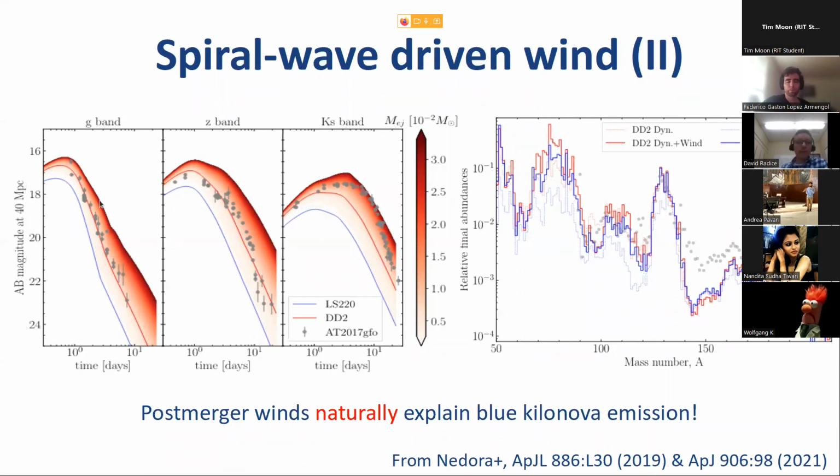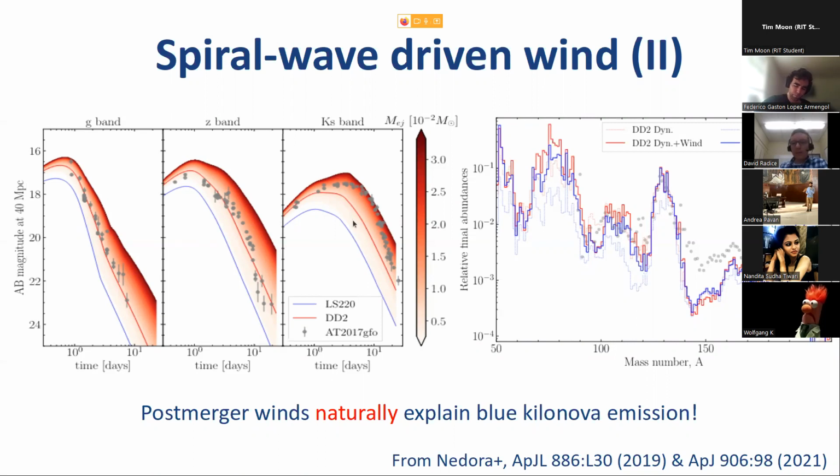And here by long-lived, I mean that if we extrapolate our simulations from 100 milliseconds until the time when we have enough mass ejected to explain the blue kilonova, we have to wait for another 100 milliseconds or so. So we need to invoke a remnant that survives for about 200 to 300 milliseconds.